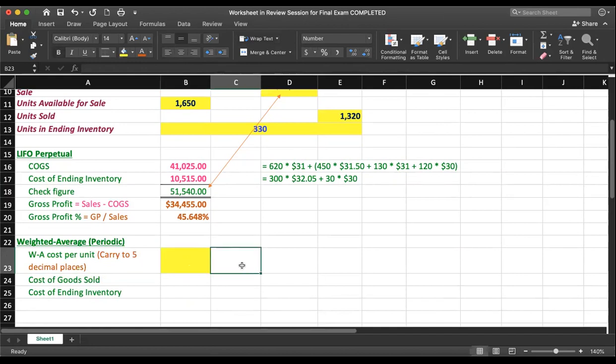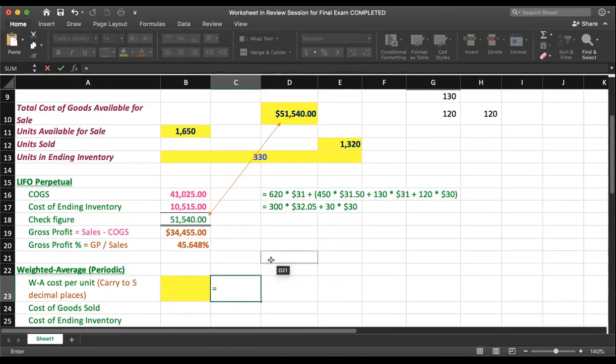But the weighted average cost per unit is going to be equal to the cost of goods available for sale, and that was 51,540, divided by the units available for sale, which was 1,650 units.